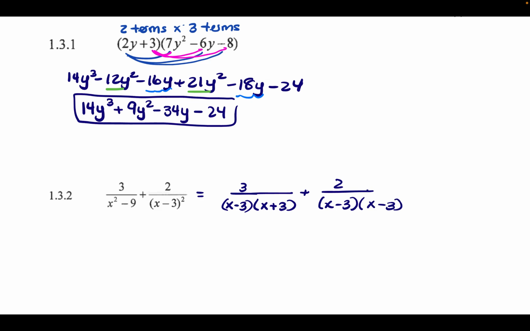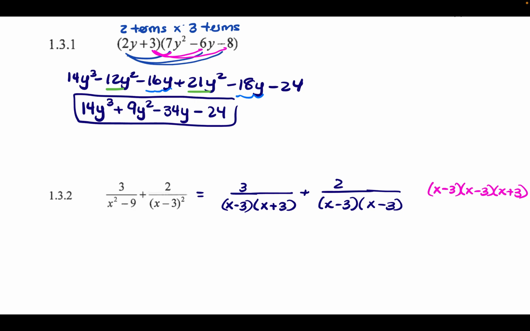I've just written it out so I can see what we need. Now our common denominator here has to be something that we can build from both of these expressions. And I see that our common denominator will be x minus 3 times x minus 3 times x plus 3.